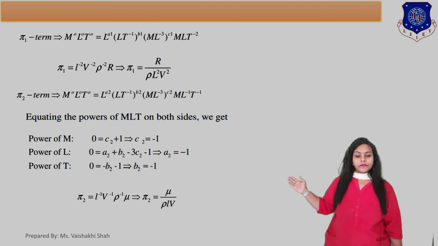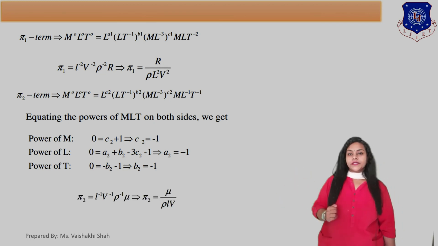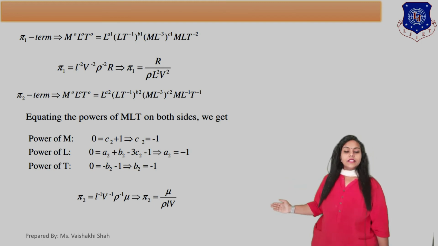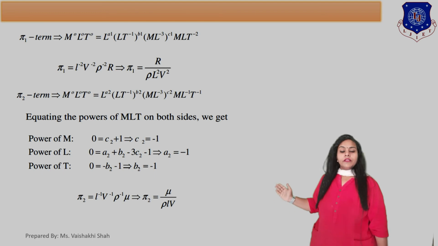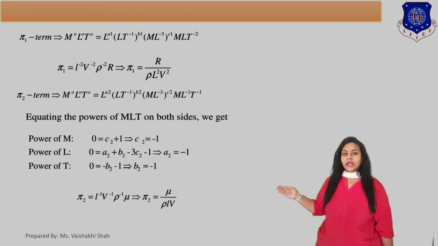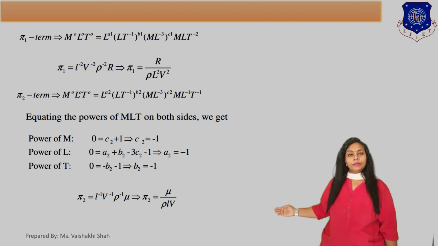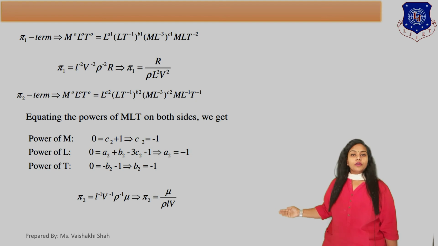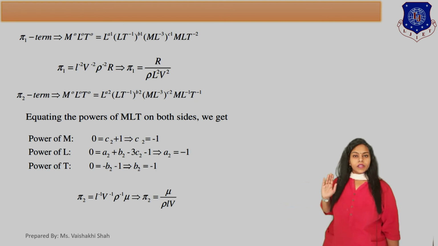Clear? So your equation is written as π2 = L^-1 V^-1 rho^-1 mu. So π2 equals mu upon rho L V. Clear?